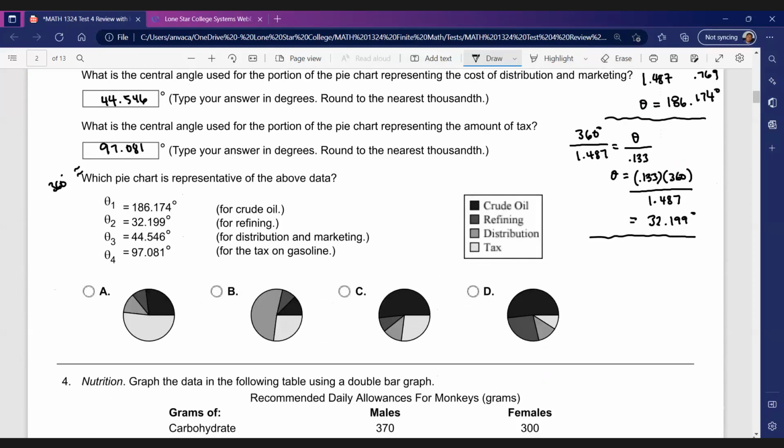And so which one is the right pie chart? Looking at this, crude oil is the biggest central angle.